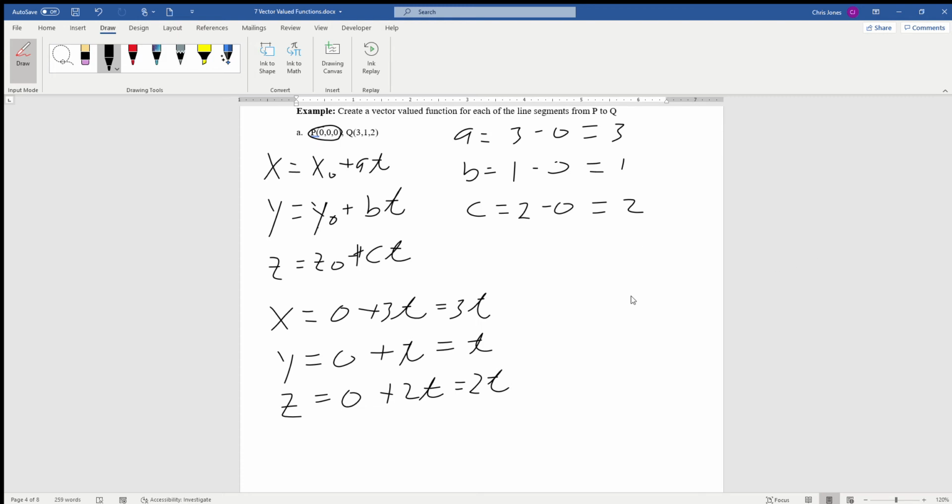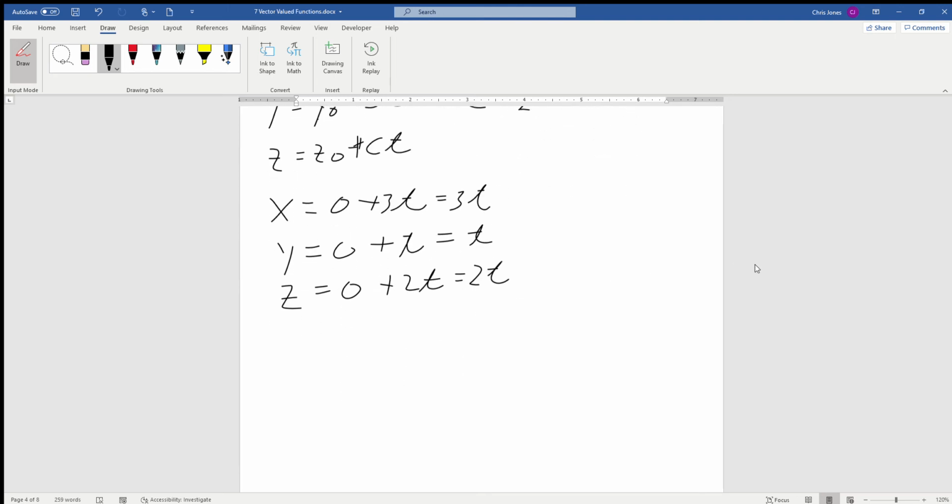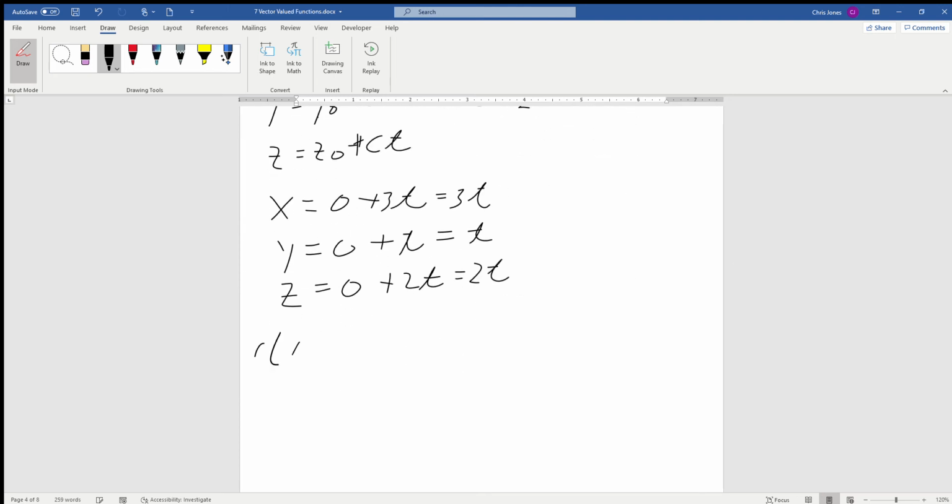Now these are the equations of the line, but that's not a vector value function yet. To put it as a vector value function, r of t, all we're going to do is take each of these, 3t, t, and 2t, and those are going to be our coefficients of i, j, and k. So we get 3t i plus t j plus 2t k.